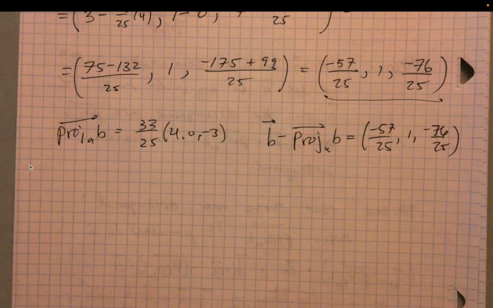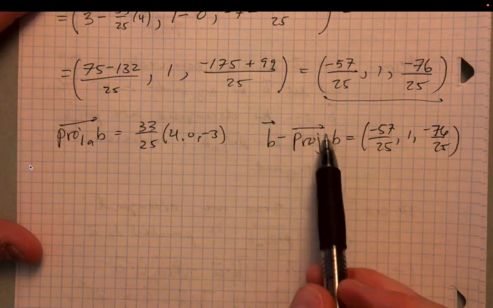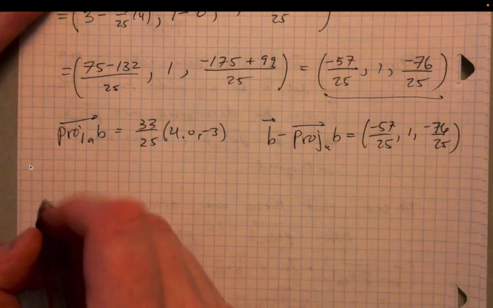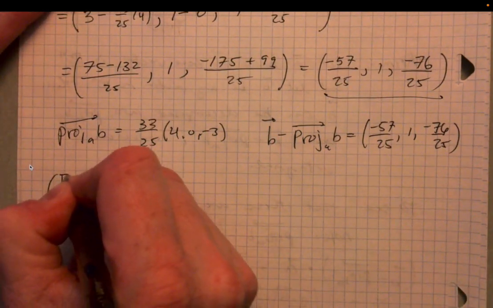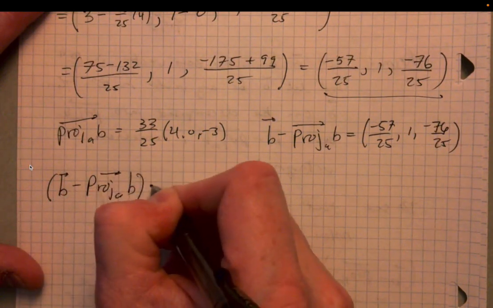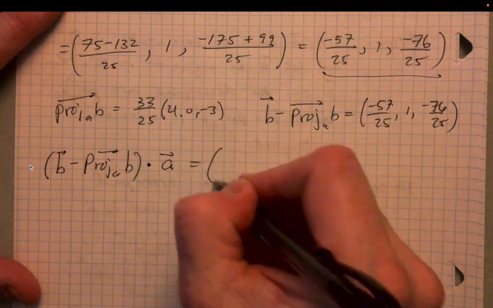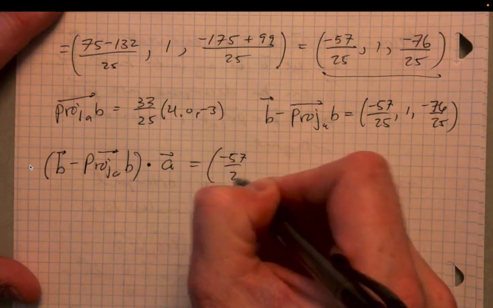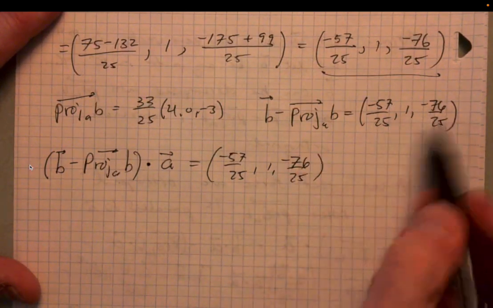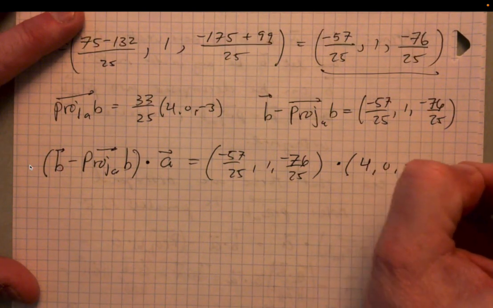We could confirm that this vector is orthogonal to A by quickly calculating the dot product. So B minus the projection of B onto A, dot A, is negative 57 over 25, comma 1, comma negative 76 over 25, dotted with 4, 0, negative 3.